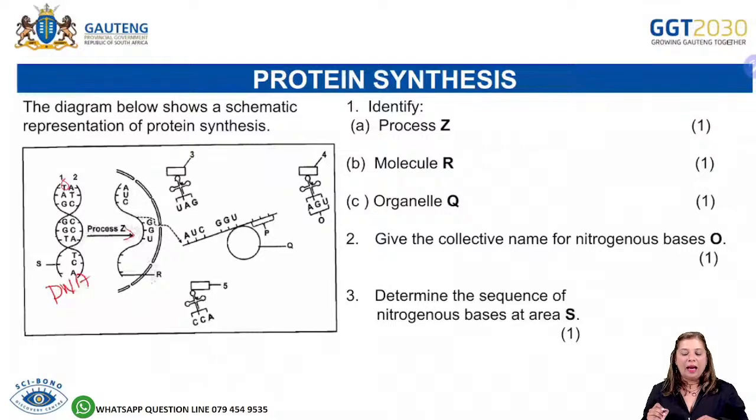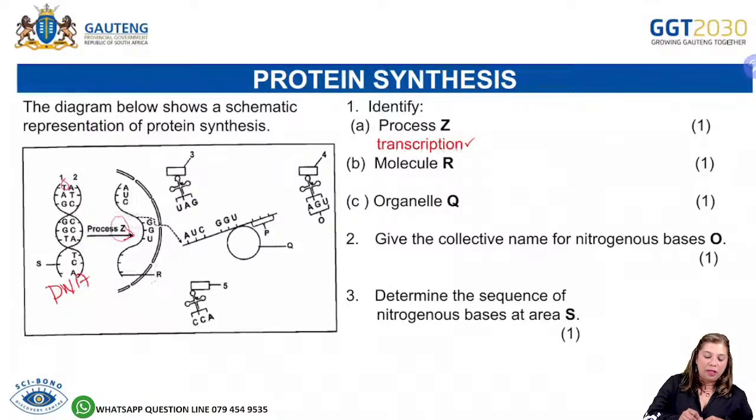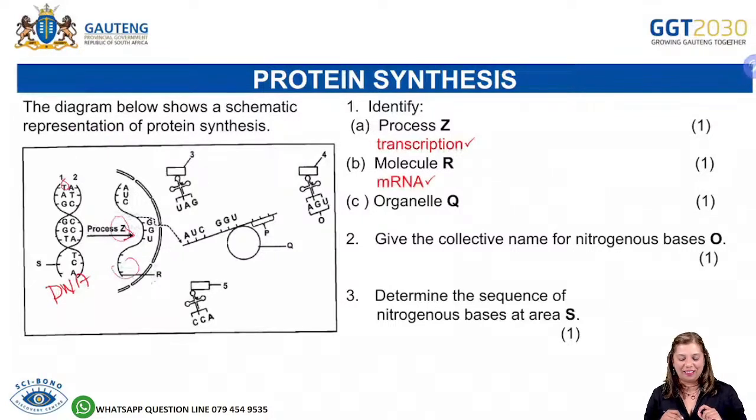But let's see. Identify the process at Z. What is the process at Z? It is obviously going to be transcription because messenger RNA transcribes the message, it codes, sneaks in and gets the code of the DNA. Molecule R. What is molecule R? We know if it's transcription, it has to be messenger RNA.